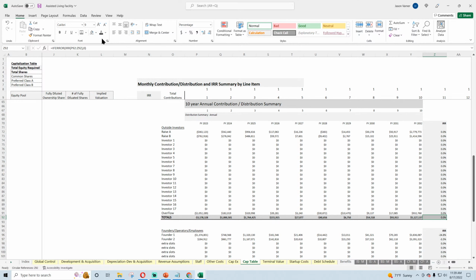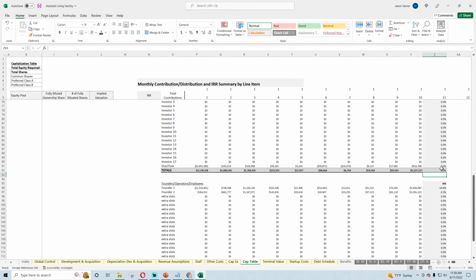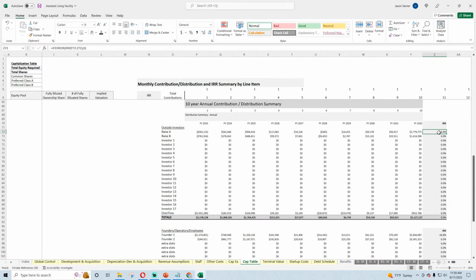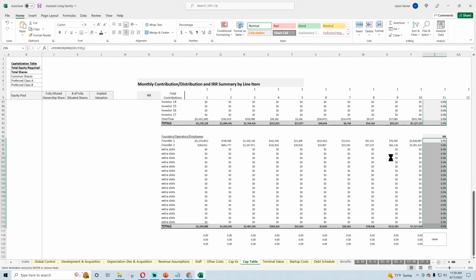Top and double bottom. Okay. Now, why is the IRR 0 there? That does not seem right. Let's copy this here.